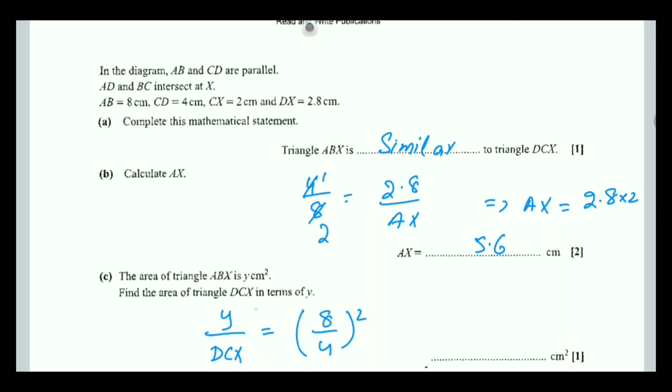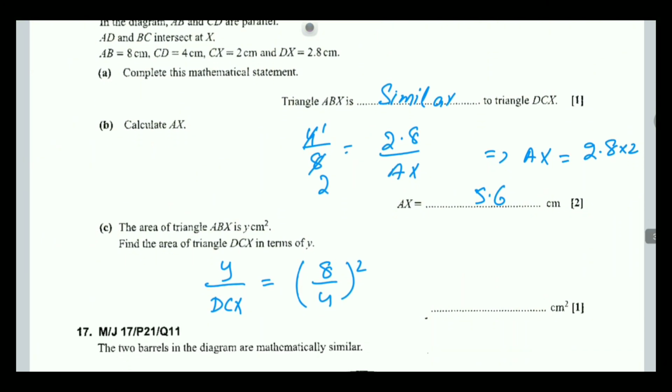So you have to write their corresponding sides and take square, as this is a formula of area. So when you are going to make DCX the subject of the equation, DCX is equal to y over 4. So y by 4 will be your final answer.